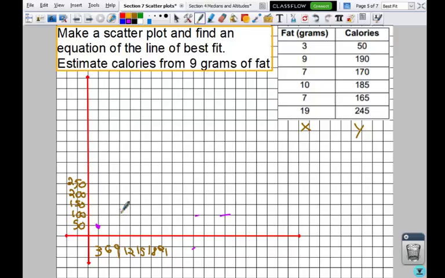That's 100. 150. A little higher. They were going by 50s. So about right there. That was pretty good. No, a little lower. Okay.